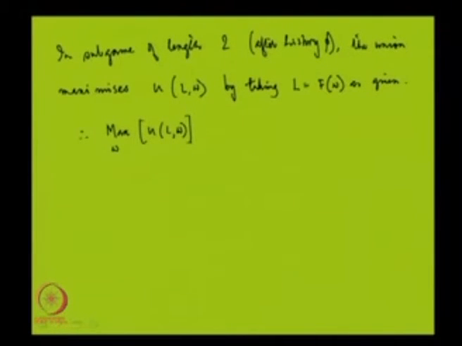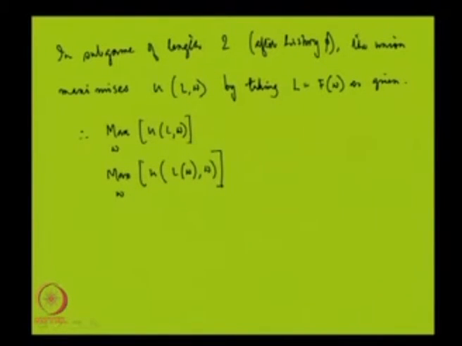So, what is the additional information that I have is that L here is a function of W itself. So, this is just a function of one variable, and the union wants to maximize that function with respect to that variable.